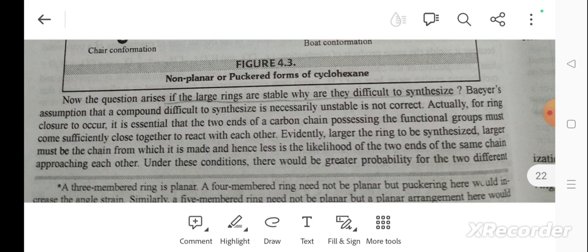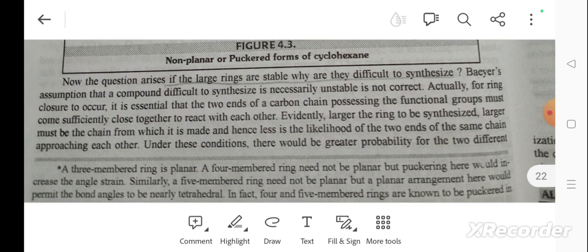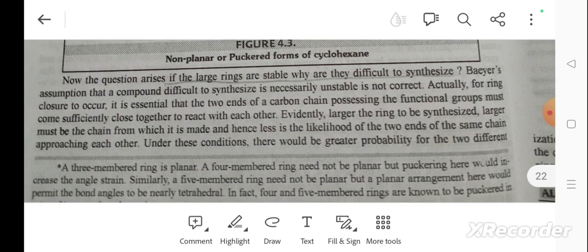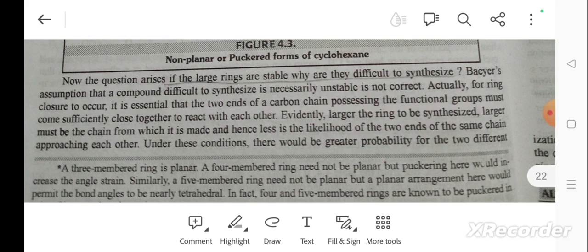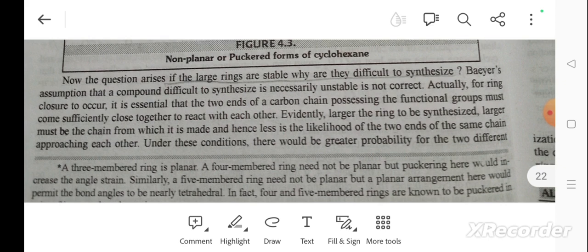Actually, for ring closure to occur, it is essential that the two ends of the carbon chain possessing a functional group must come sufficiently close together to react with each other. Evidently, the larger the ring to be synthesized, the longer must be the chain from which it is made, and hence less is the likelihood of two ends of the same chain approaching each other.